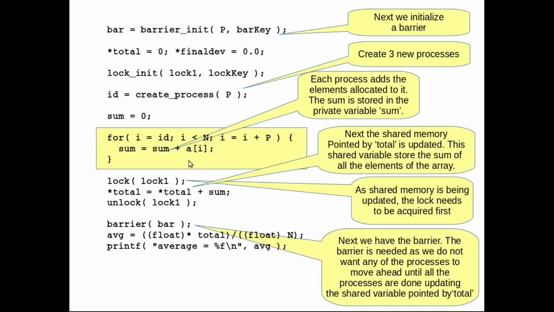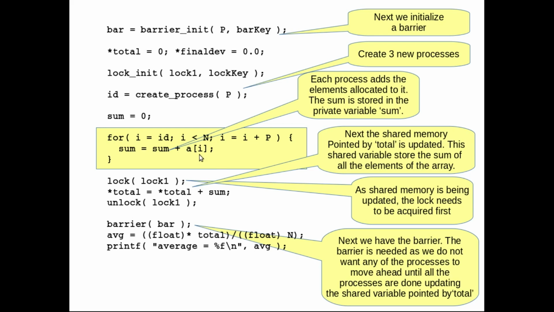After process 0, maybe process 1 will update the shared variable, and then again process 1 will come and wait in the barrier. Process 1 also should not move ahead, because if we allow process 1 to move ahead, right now the total sum has the sum of only process 0 and process 1. Process 2 and process 3 have not yet updated the shared variable. So we should prevent process 1 also from going ahead.